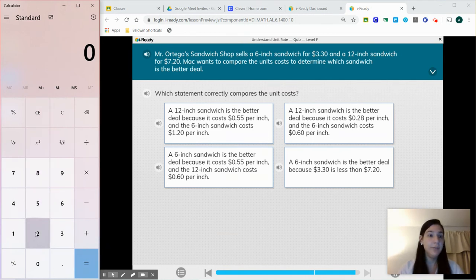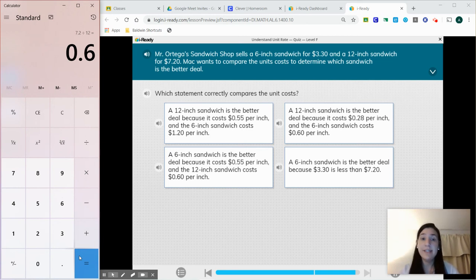Then we do $7.20 divided by our 12-inch sandwich to get 60 cents. Okay, so which one's the better deal? Well, we know the 6-inch is 55 cents and the 12-inch is 60 cents. So let's look.